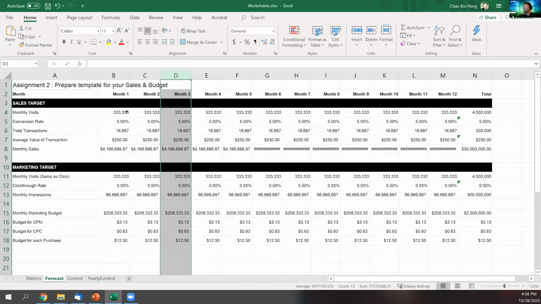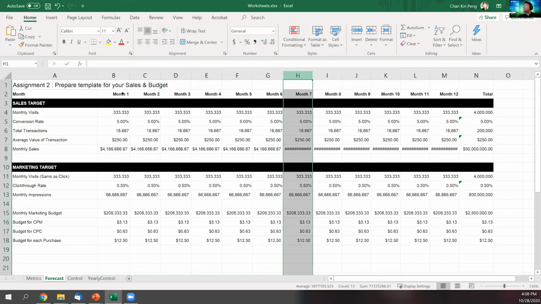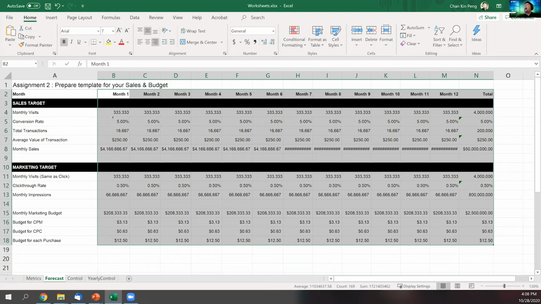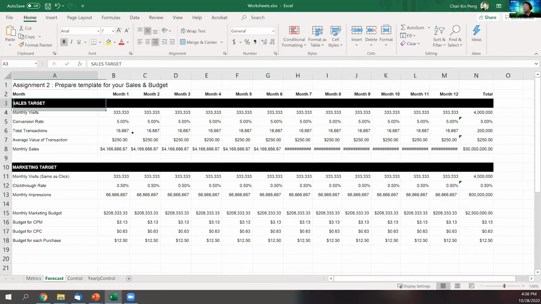In a nutshell, once you've gotten the numbers, typically what you want to do is plot this across 12 months so that you can identify how much you need to sell every month, the types of conversion rates that you need your agency to be able to deliver, together with the type of purchases that you need to generate in order to fulfill your KPI.